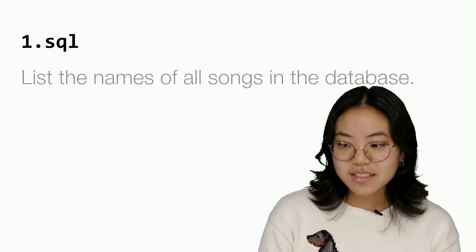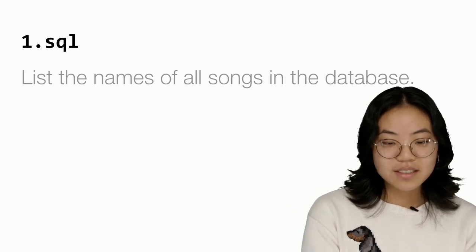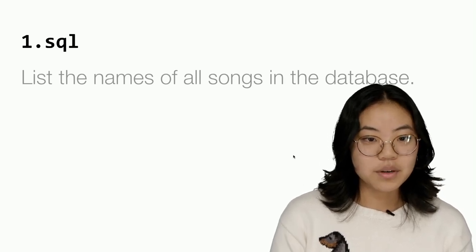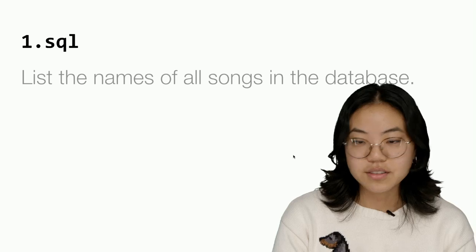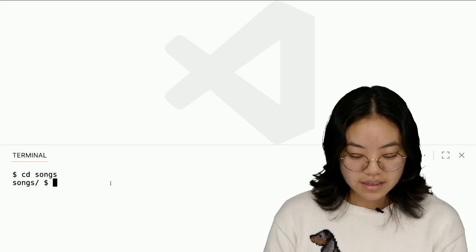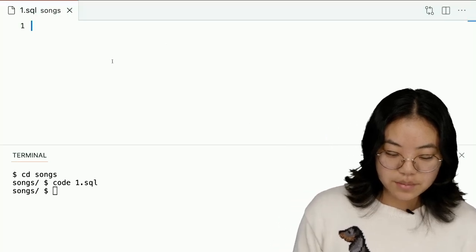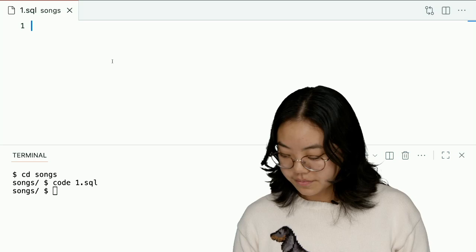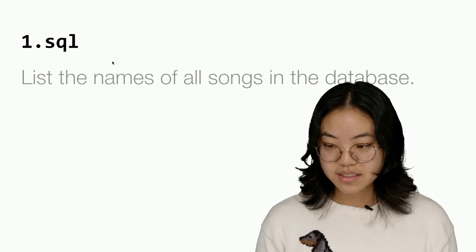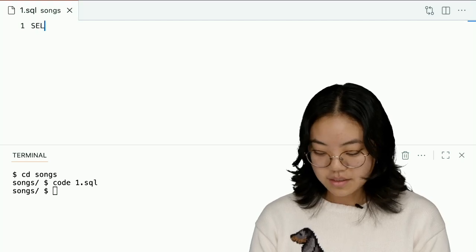Okay, so let's get some practice here. In my first songs SQL query, I want to list all the names of the songs in the database. So pretty simple. I'm going to first open up one.sql, and I'm going to write my query here. I know that I want to get all the names from the songs, so this is going to be a select query.